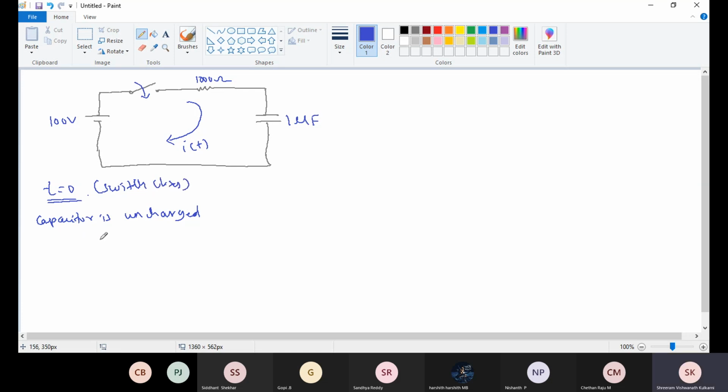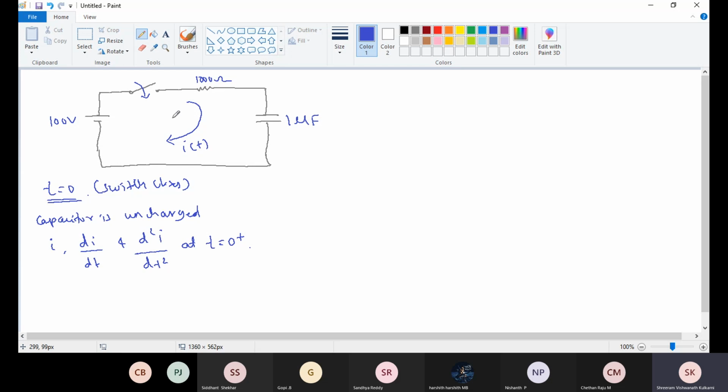Find the values of di by dt and d square i by dt square at t equals 0 plus. This is the question. Network is given.